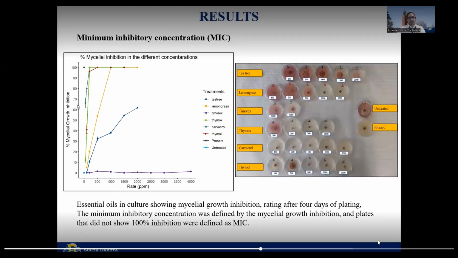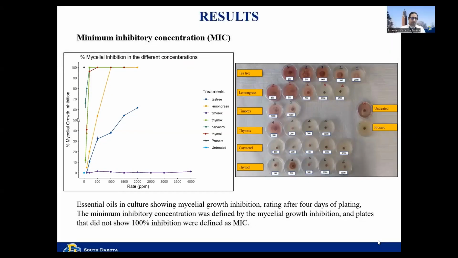So here, in the minimum inhibitory concentration, on the x-axis you can see the mycelial growth inhibition, where the treatment showed 100% inhibition, which we called the minimum inhibitory concentration. In this case, for example, the treatment lemongrass, with the yellow or orange color, showed the minimum inhibitory concentration at 1,000 parts per million.